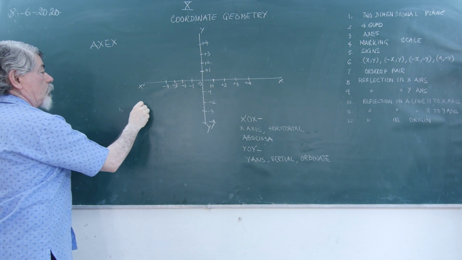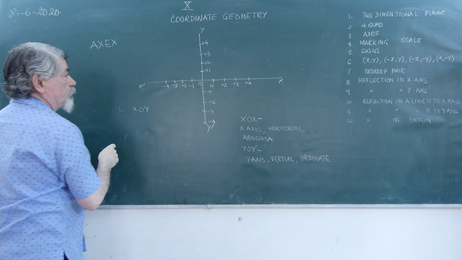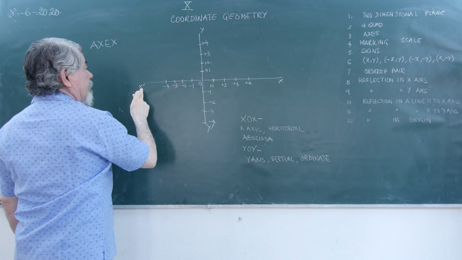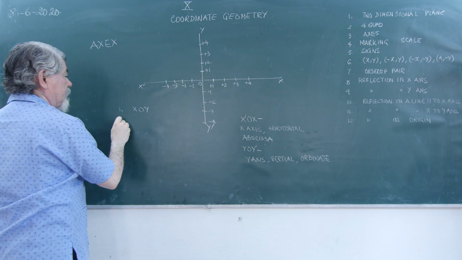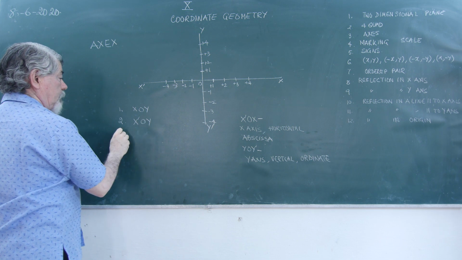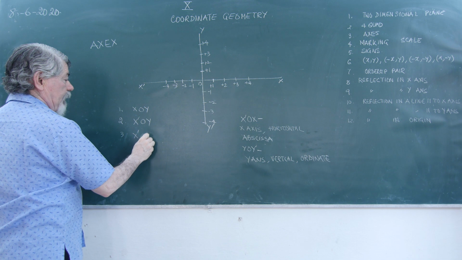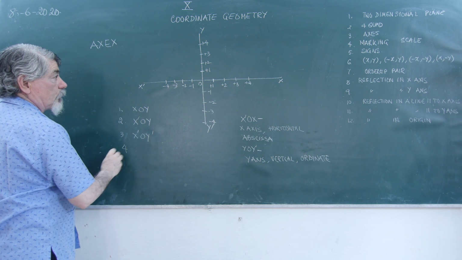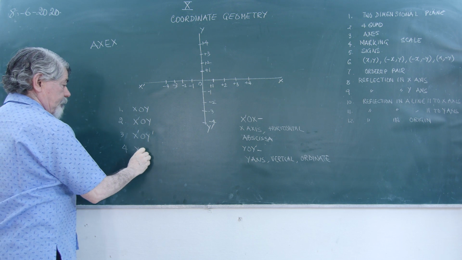X, O, Y or Y, O, X, whichever way you want to write. The first quadrant is XOY. Second is X dash OY. Third is X dash OY dash. And the fourth is XOY dash.